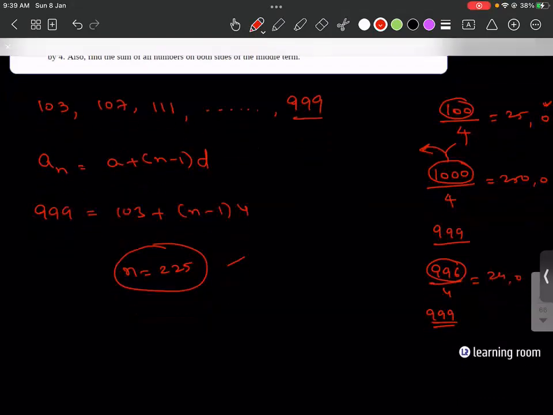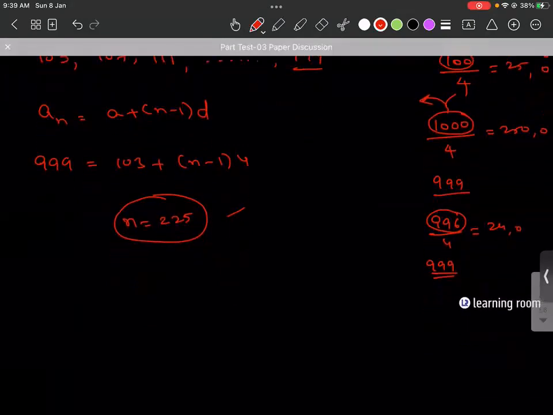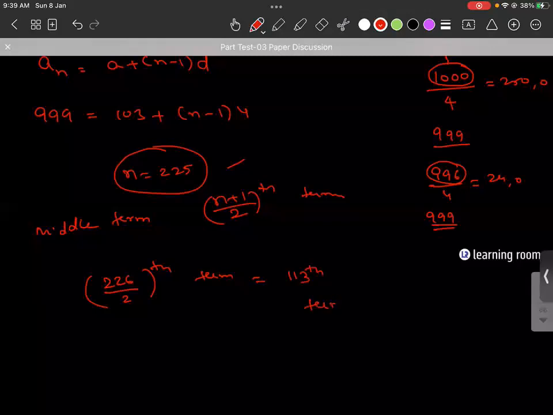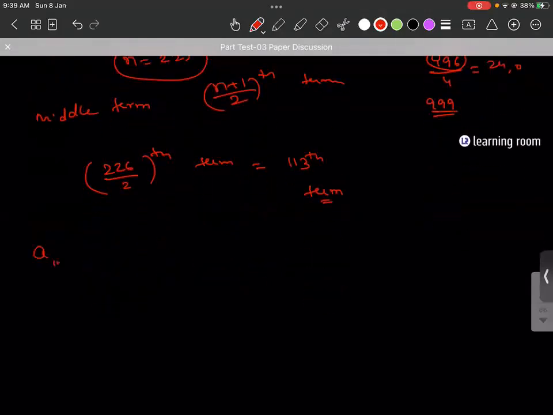For an odd number of terms in the sequence, according to the median concept, what would be the middle term? The middle term will be the n plus 1 by 2th term. That is 226 by 2, which is the 113th term. So what is the 113th term? A113 is equal to a plus 112d.